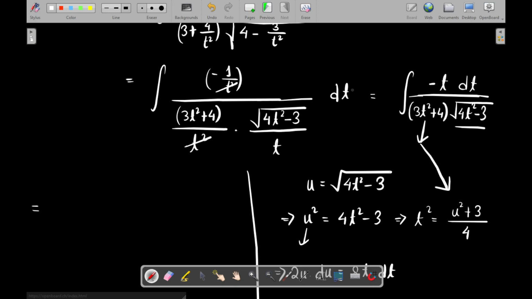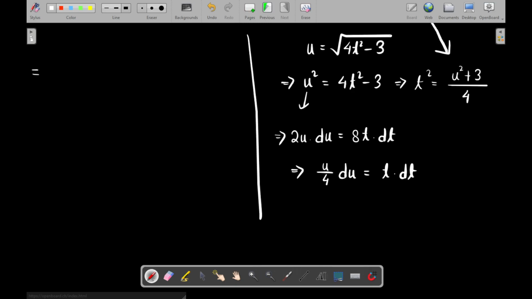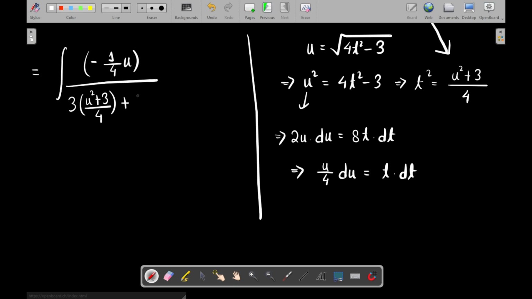So after doing this, this minus t dt changes to minus 1 by 4 u upon 3t square plus 4, right? So 3 times, this is our t square value, 3t square plus 4.